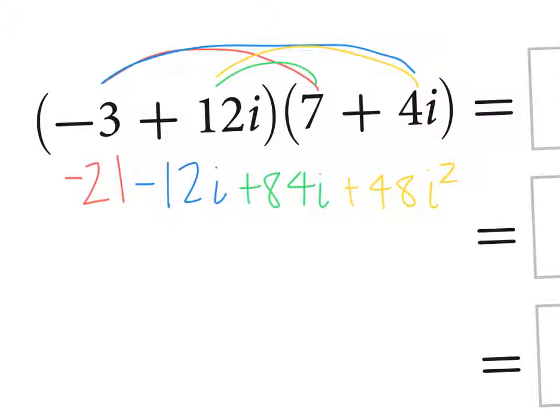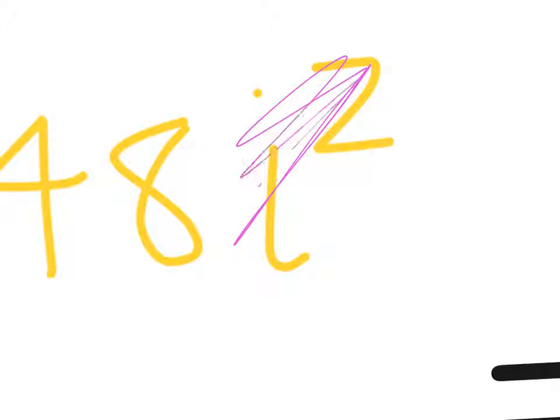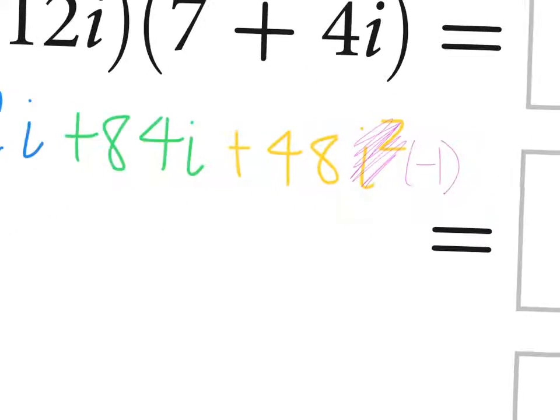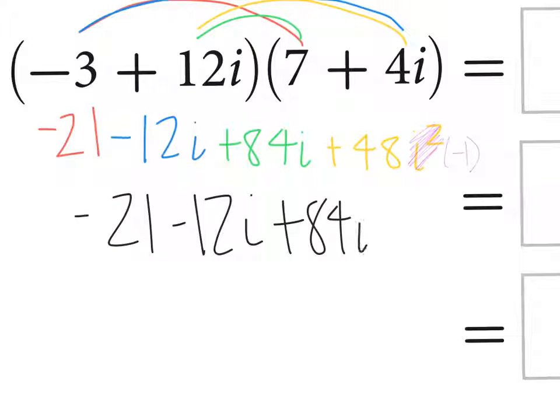And the thing that we just talked about is that when I have this i squared, it really becomes a negative 1. So now my problem looks a little bit better, and it's actually negative 21 minus 12i plus 84i, and then minus 48, because a positive 48 times a negative 1 is going to give you that negative 48.